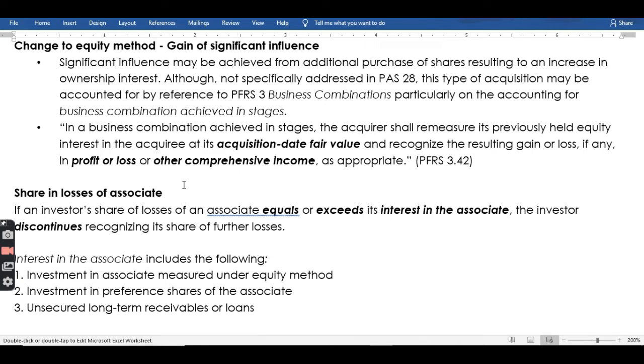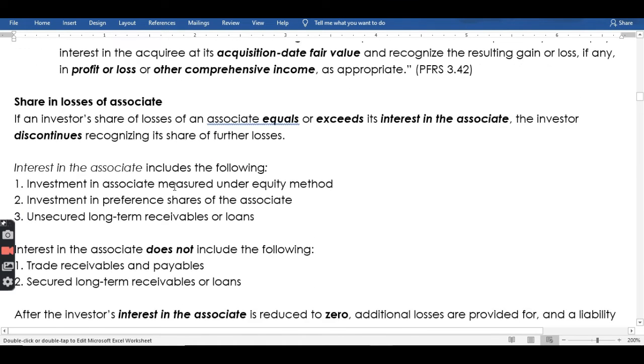Pangalawa, yung additional shares na na-acquire mo, i-recognize mo siya at cost. Tapos, pag-add mo yung dalawang yun, yun na yung magiging total cost ng associate mo. Meron din tayong sample dyan sa baba later on. Okay? Yun. So, yan yung consideration natin later on.